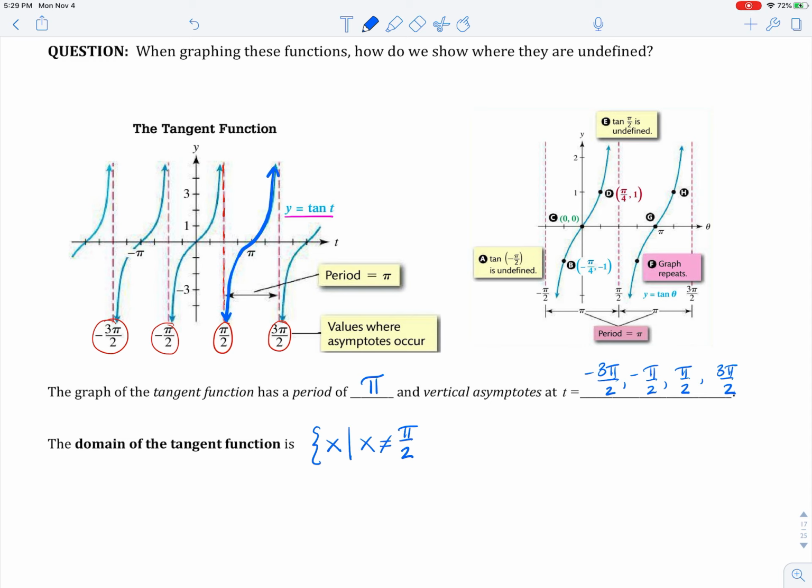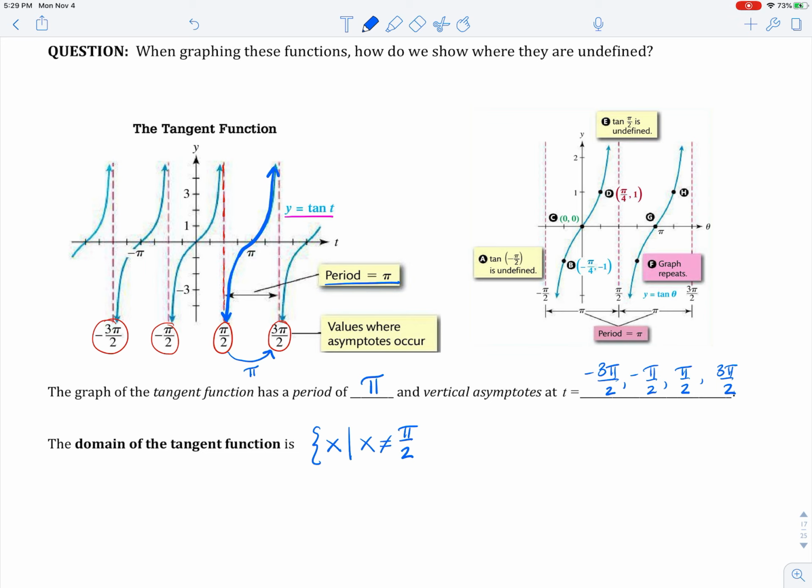And then we want to talk about how all of the other vertical asymptotes are related to x equals pi over 2. So let's compare pi over 2 and then the next asymptote to the right. The difference between these two asymptotes is pi. The difference between these two x values is pi.